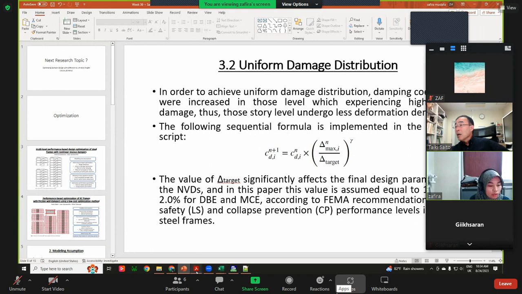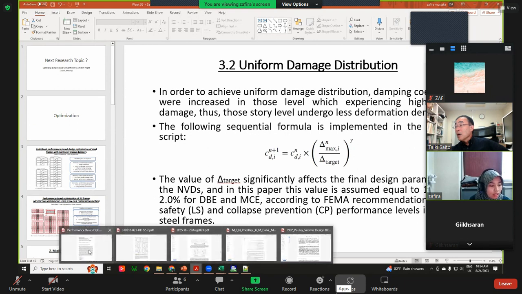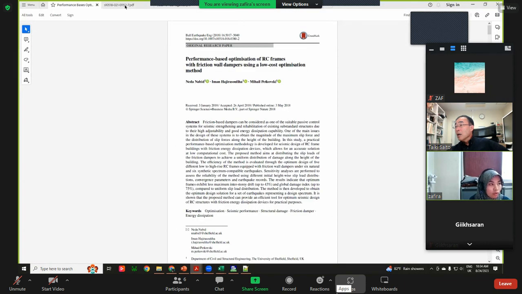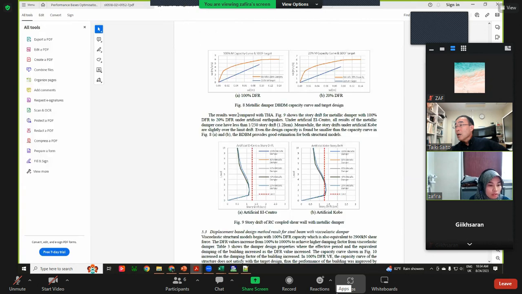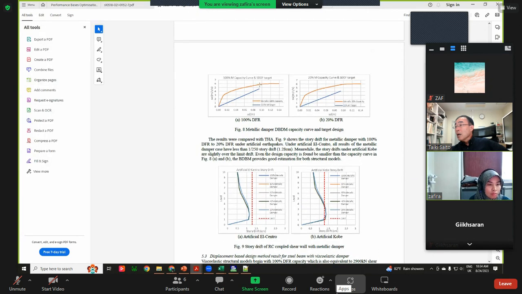So in your opinion, for the next step to improve the paper, we can optimize this distance. Can I share my screen?